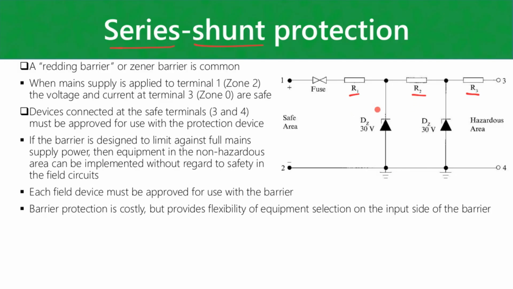In this case, we have the Zener diodes clamping the voltage to 30 volts. You have your safe area on this side of your barrier, and on your outgoing terminals, you have your hazardous area. So this barrier circuit is placed just before the wiring goes to your equipment in your hazardous area.